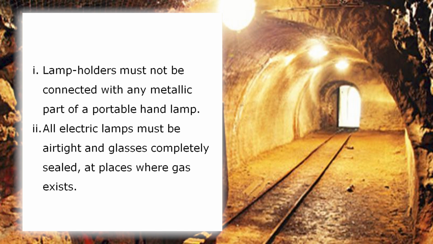Next, the lamp holder must not be connected with any metallic part of a portable hand lamp. Next, all electric lamps must be airtight and glasses completely sealed at places where gas exists.